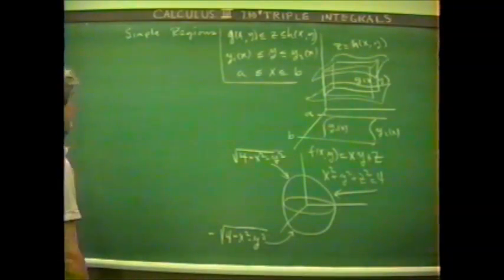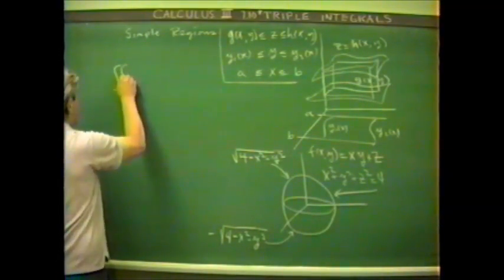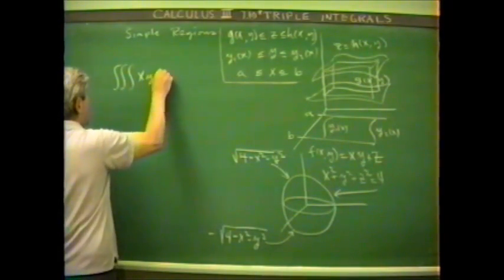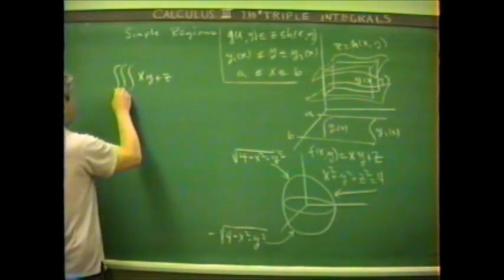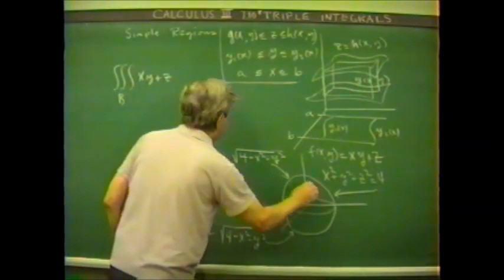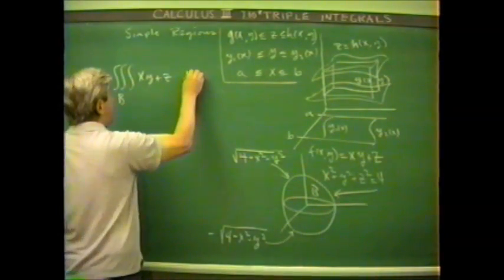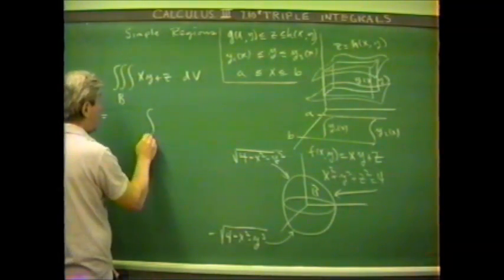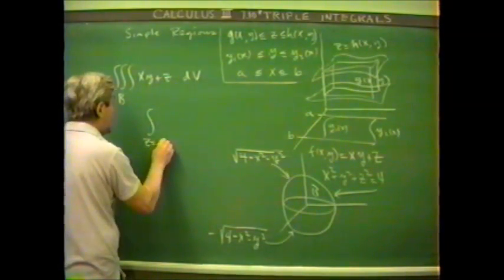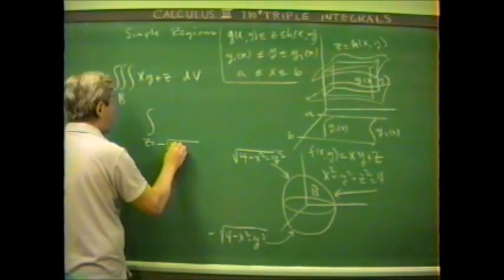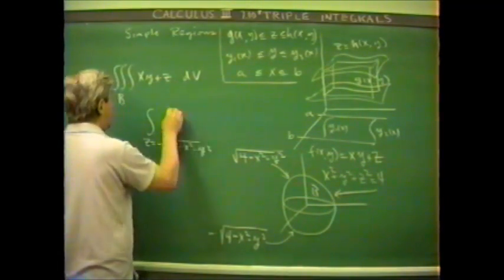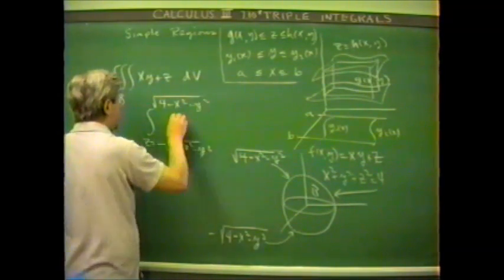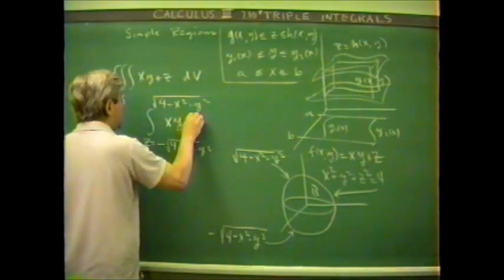So to integrate our function f, xy plus z, over this region B with respect to volume, we want to integrate from z equals minus the square root of 4 minus x squared minus y squared to z equals the square root of 4 minus x squared minus y squared, xy plus z.